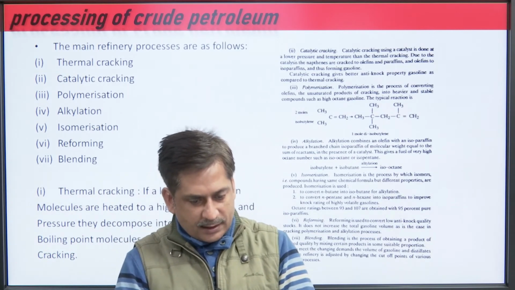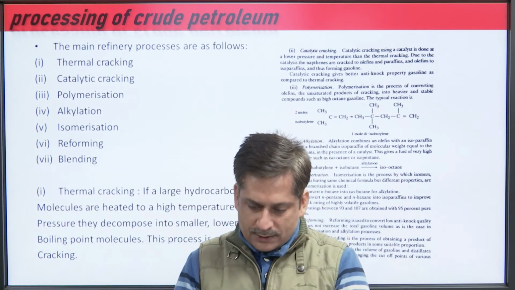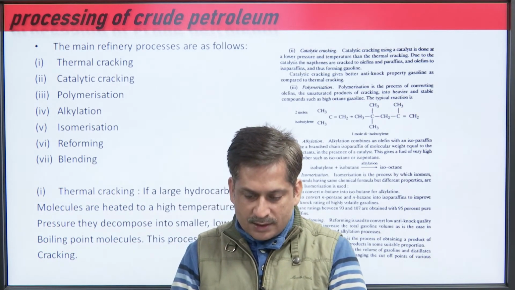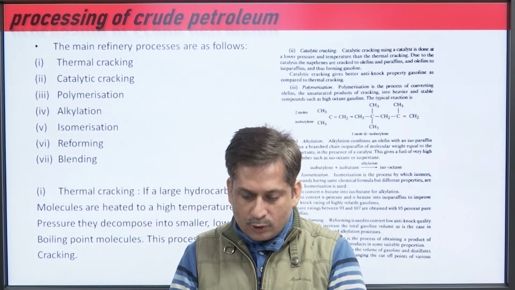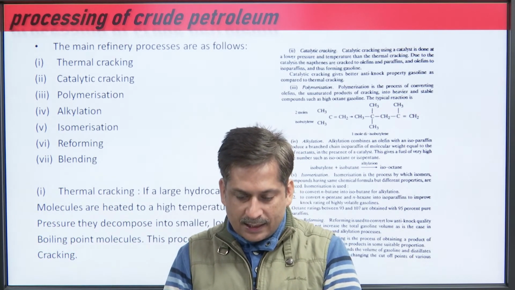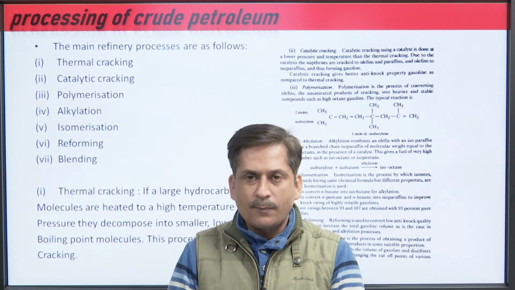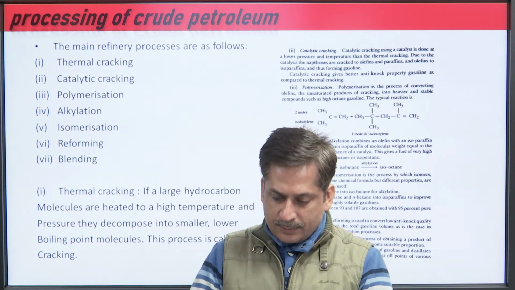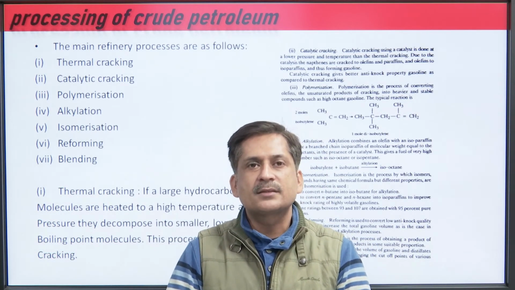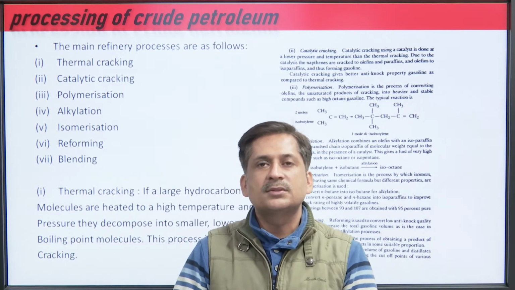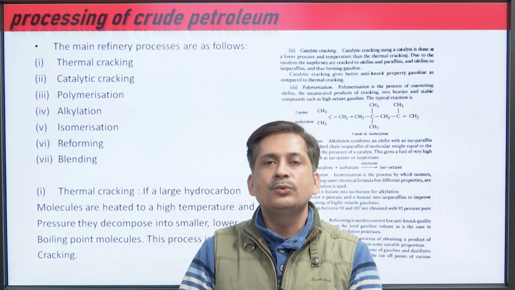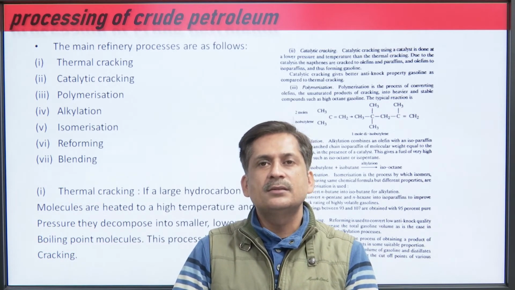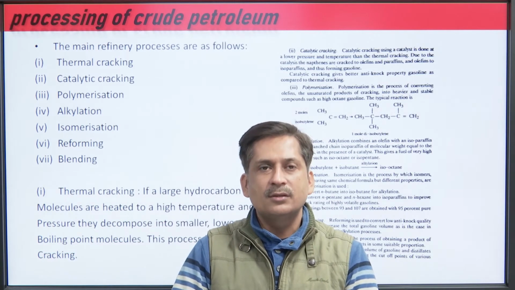Now, reforming, another refining process. What is reforming? Reforming is used to convert low anti-knock quality stocks. It does not increase the total gasoline volume as is the case in cracking, polymerization and alkylation. So, reforming means further improving some properties. And then blending. Blending is simply mixing some liquids into your petrol or gasoline or diesel to increase its octane rating or combustion quality.